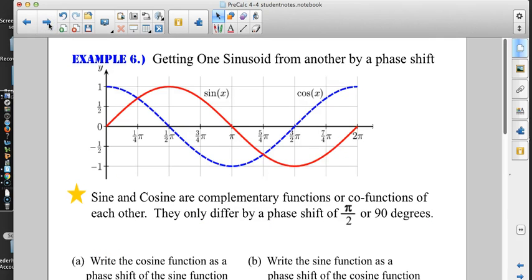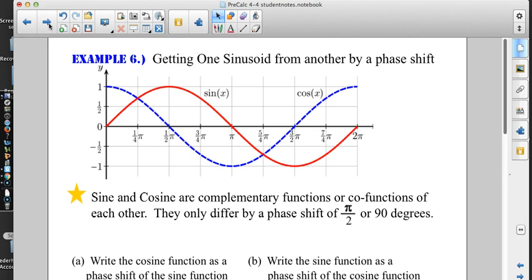Alrighty, next up, phase shifts. Phase shifts are the name that we give to horizontal shifts with sinusoids. That's because they've been around and studied for so long, they already had a special name, phase shifts. So you look at this and it says getting one sinusoid from another by a phase shift.